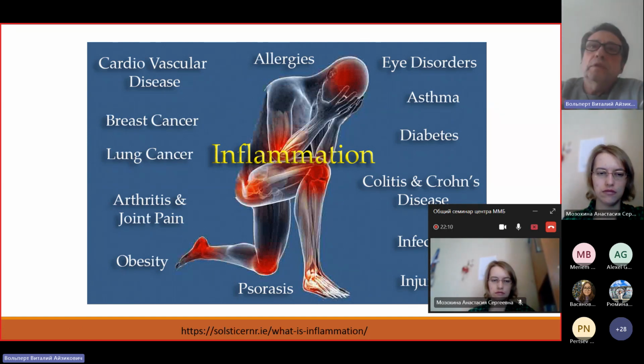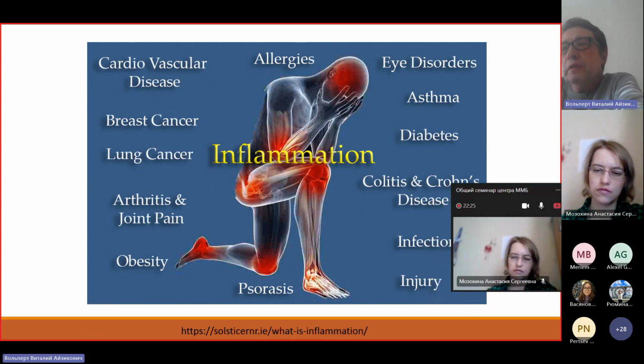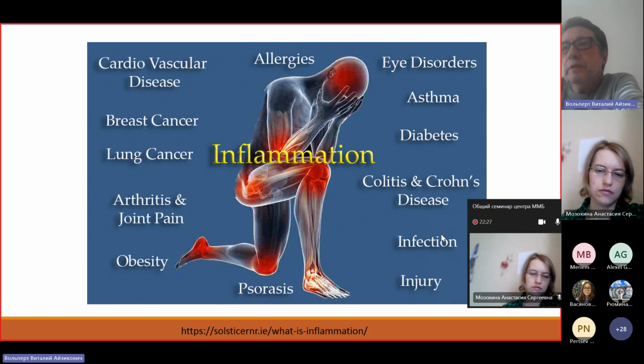And of course, it's an important topic, and we begin to study it now. Arthritis, we studied in connection with thrombosis, and I will mention that today. Of course, viral infections, and during the last several years we have studied viral infection with inflammation.